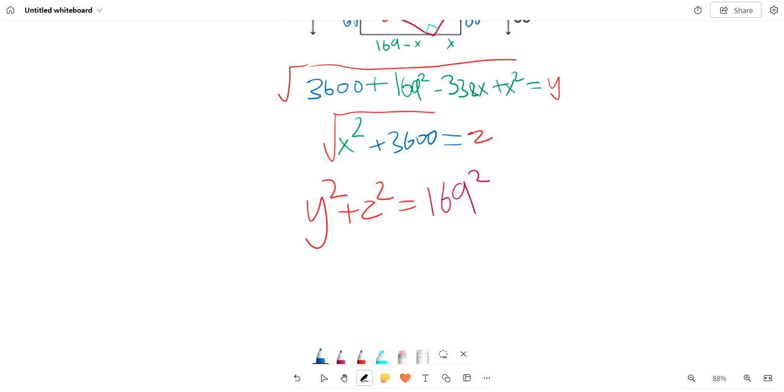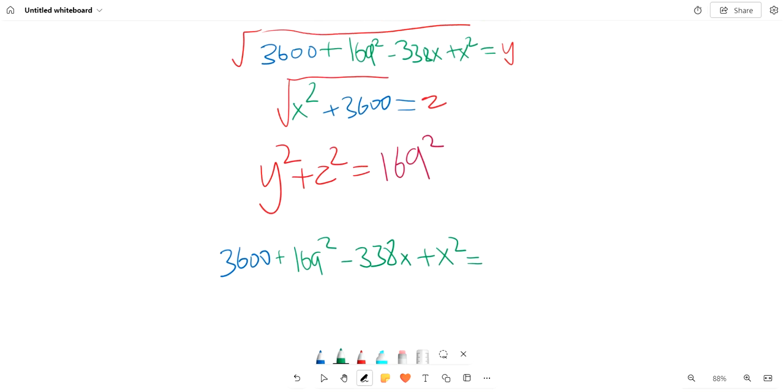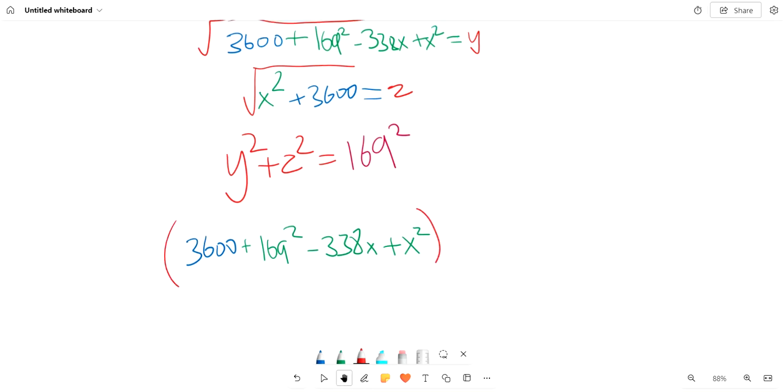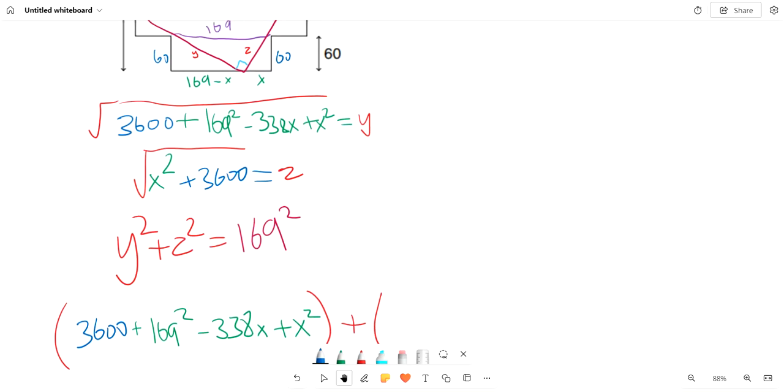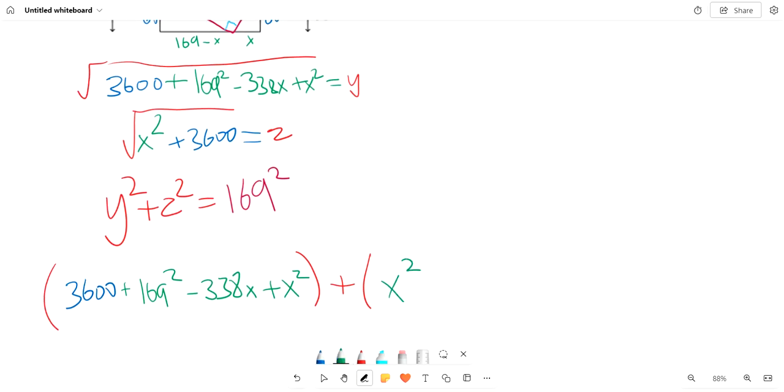And expanding this, we get 3600 plus 169 squared minus 338x plus x squared, in parentheses, plus, in parentheses, x squared plus 3600.